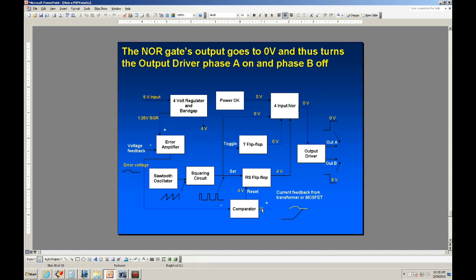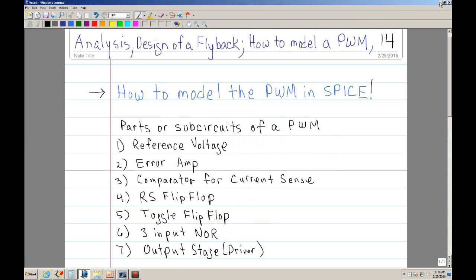And I went into detail on how they cycle, step by step, cycle by cycle. Okay, so I've explained it. Now I want to give you an opportunity to model this and have a SPICE model where you can reinforce what I've discussed.